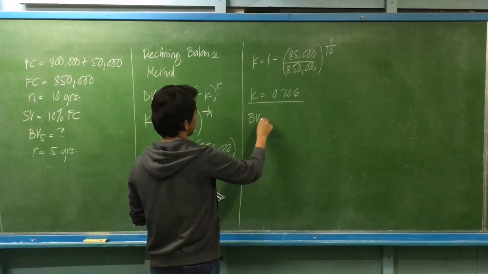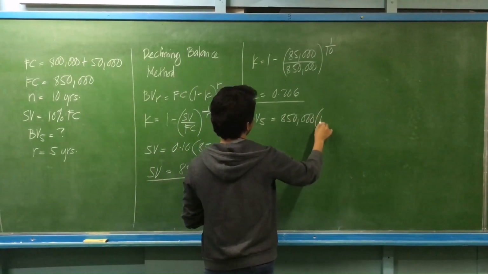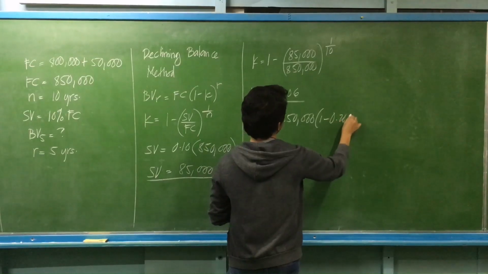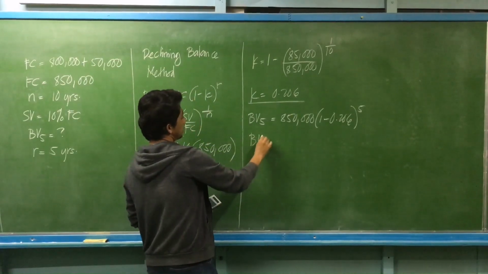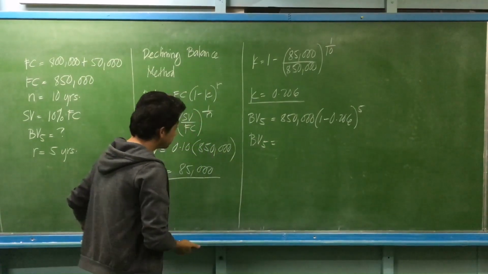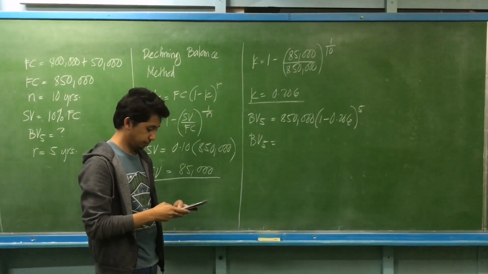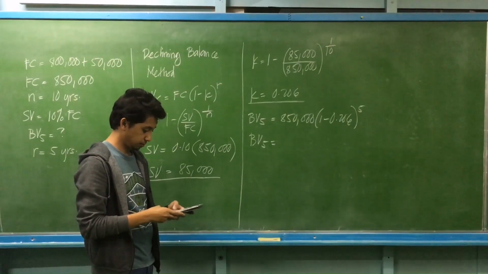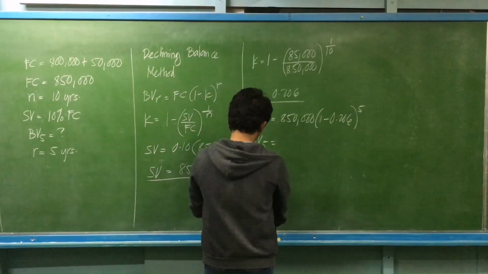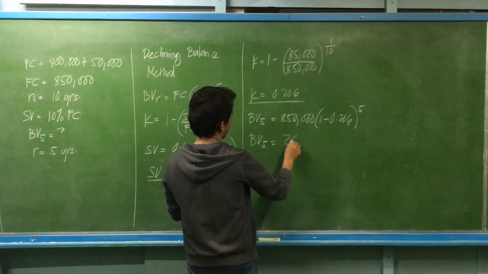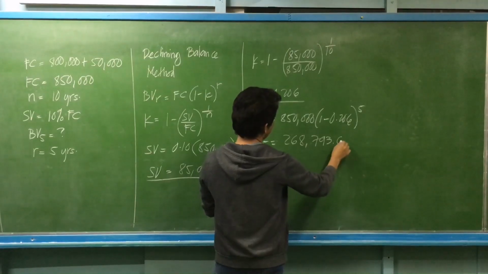Kunin natin yung book value. Book value after 5 years, book value number 5 is equal to first cost, 850,000, times 1 minus 0.206. That is good for 5 years, so raised to 5. So kunin natin, book value number 5 is equal to 268,793.60.